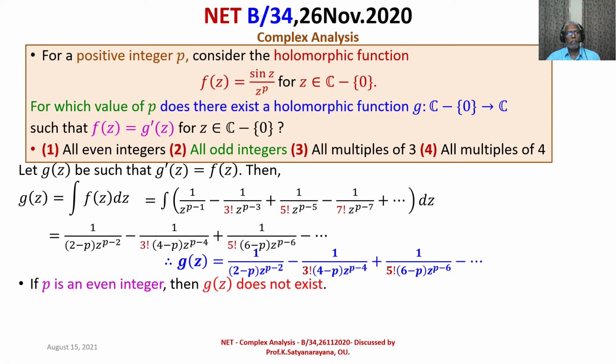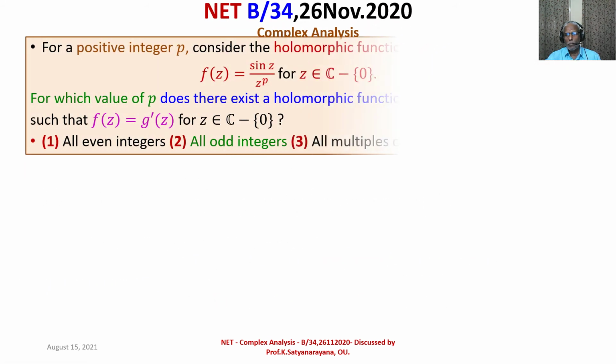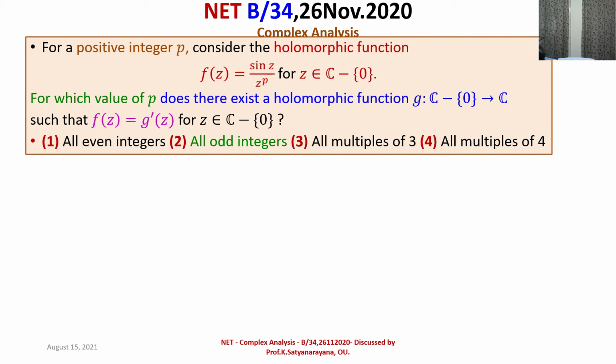Therefore, option 1, that it holds for all even integers, is false, and all multiples of 4 are even integers only. Therefore this is not true. Therefore options 1 and 4 are not true. Therefore the answer is there in options 2 and 3. We will see that in the next slide.